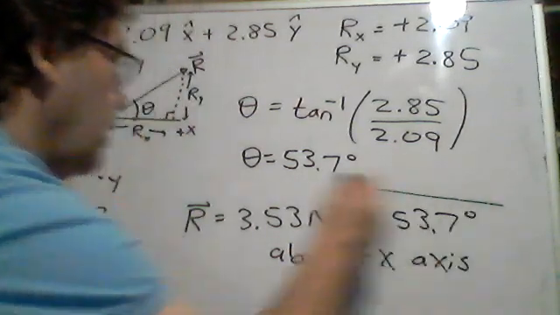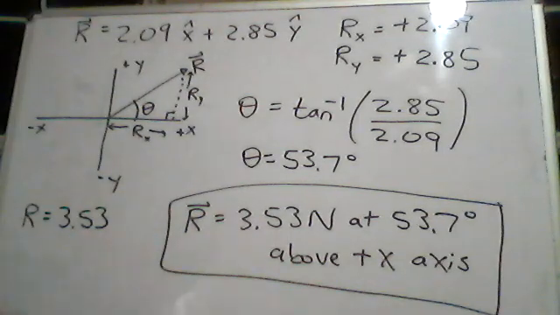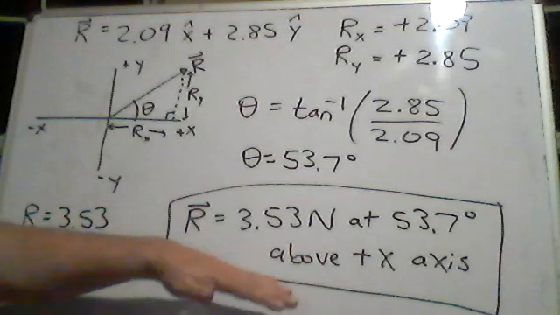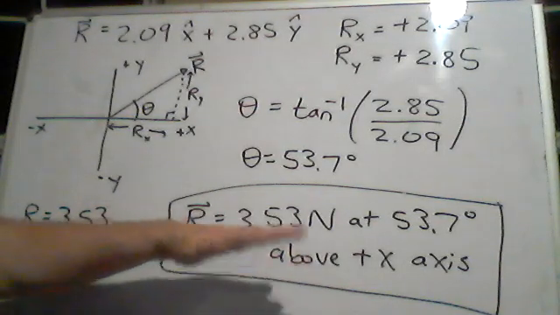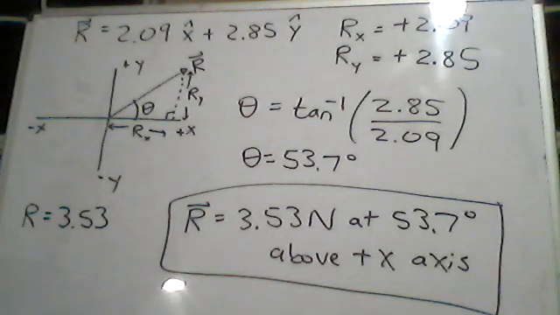In this special case, I can leave off the positive x-axis, because if you don't say anything else, you know you're talking about 53.7 degrees from the positive x-axis in a counterclockwise rotation. All right, that is my answer from the algebraic method.